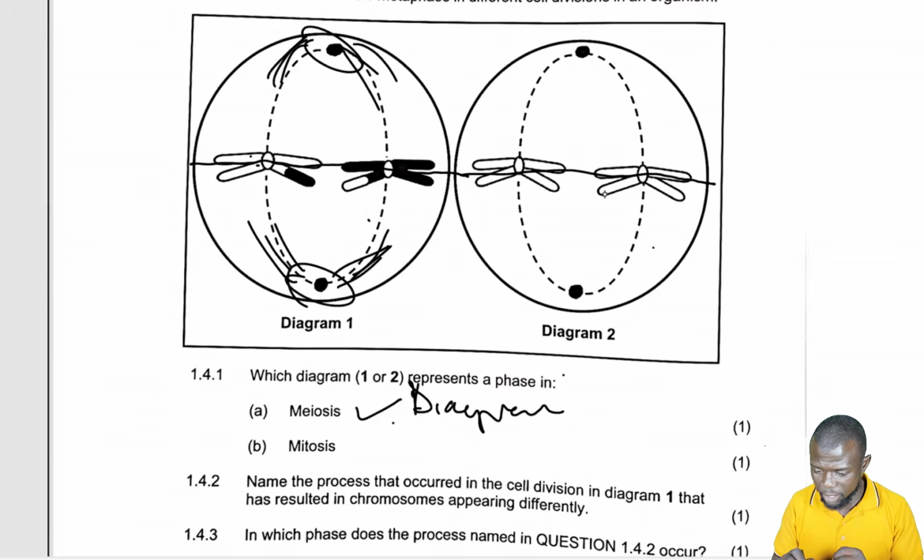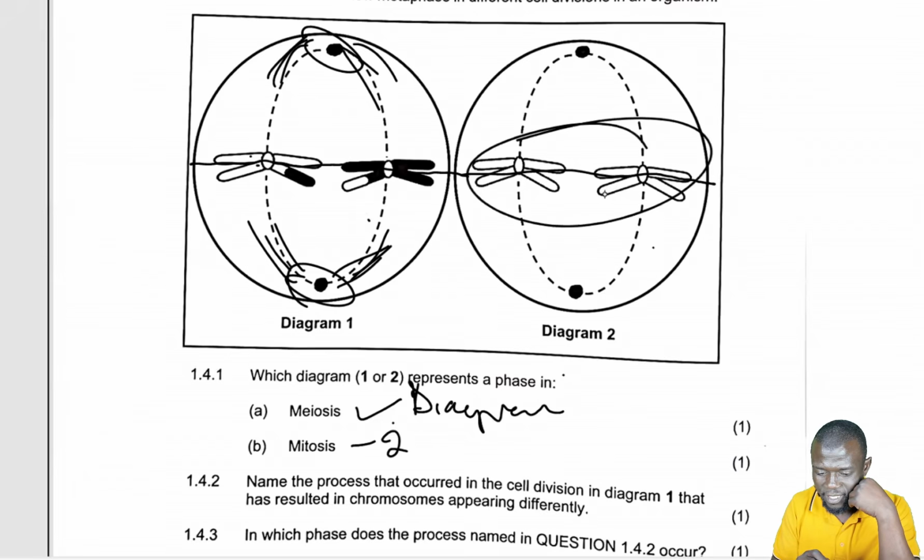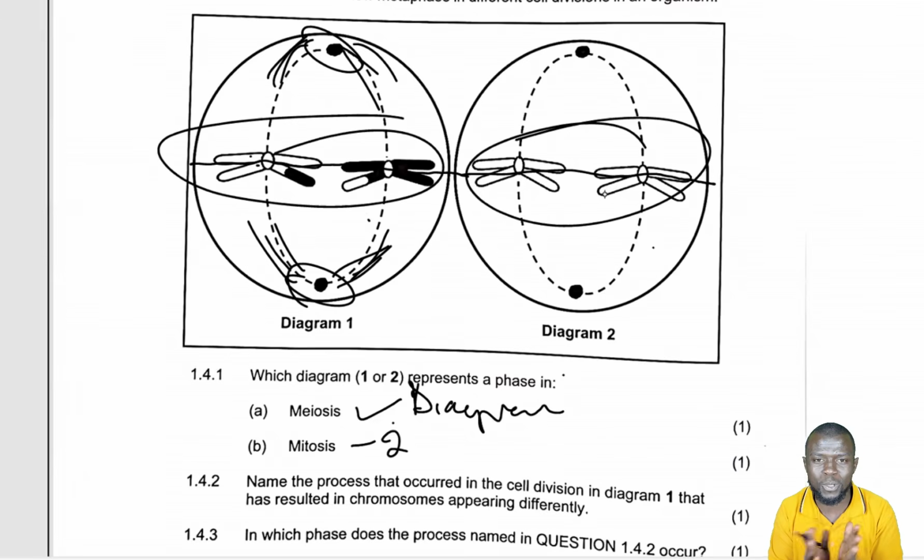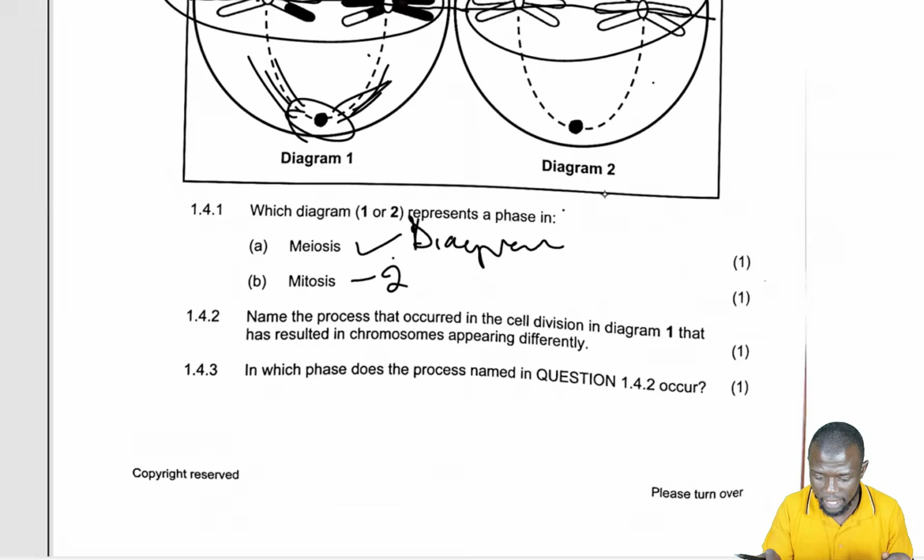And then diagram 2. Why did they bring this question? Anyway, I will say that it's diagram 2. Do you know why? Because here there are no variations. Here you see that the chromosomes are varying due to the crossing over, but here I don't see any variation. So it could be mitosis. I'll conclude it like that.